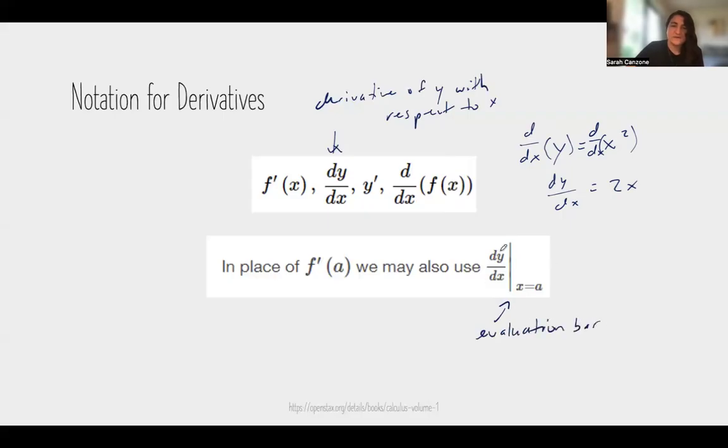And what this means is the derivative evaluated at x equals a. So that means go ahead, find the derivative, do everything that you normally do, and then at the end, plug in a. All right, you'll see this quite a bit a little bit later on in the course, and if you take Calc 2, you'll also see this in Calc 2.